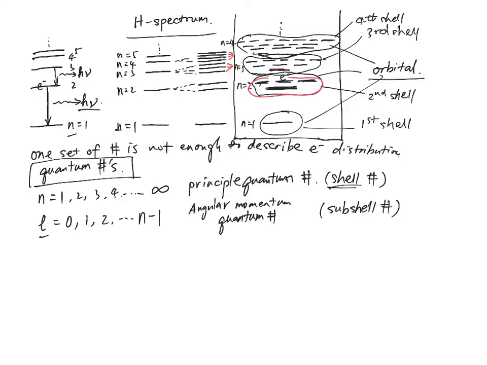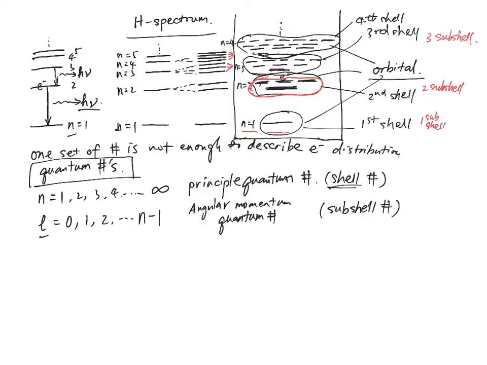Still using this picture, each shell has a different amount of splits into subshells. The first shell has one subshell. The second shell has two subshells. The third shell has three subshells.